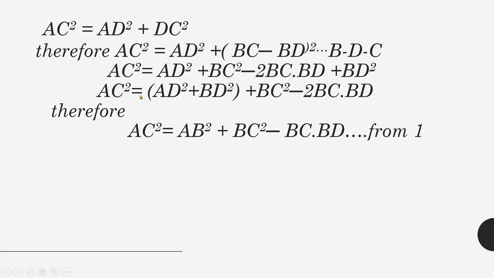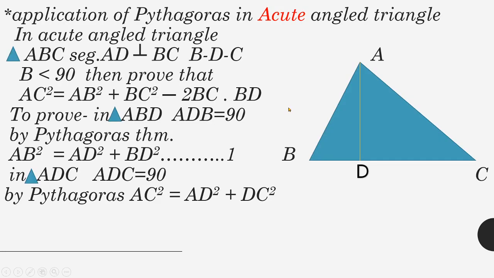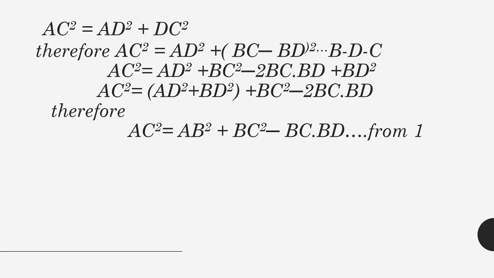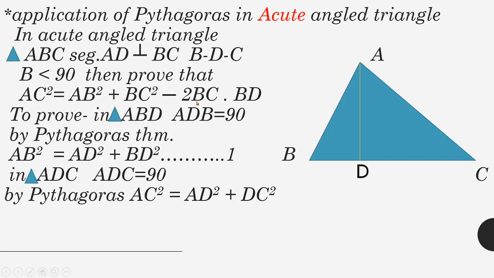Therefore AC square is equal to, in brackets, AD square plus BD square, plus BC square, minus 2 BC into BD. I take BD square near AD square and put both in brackets.